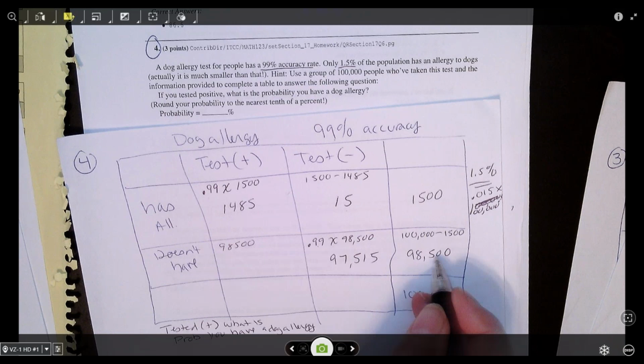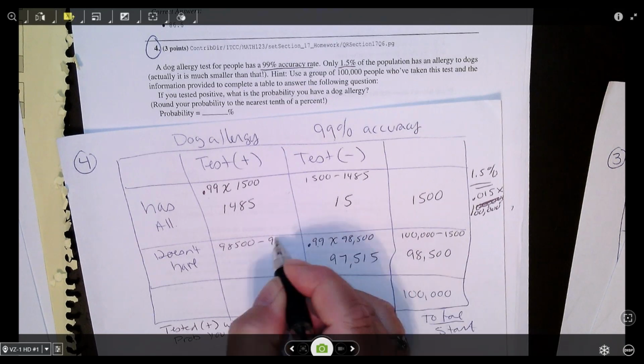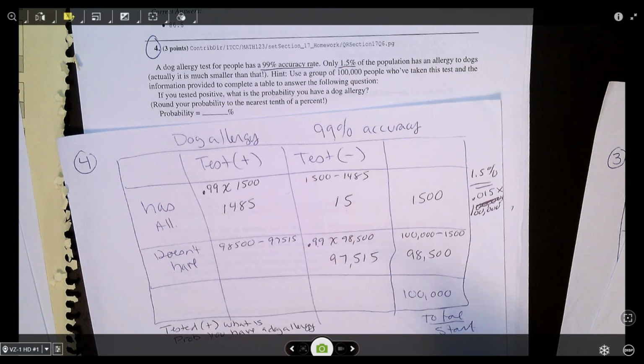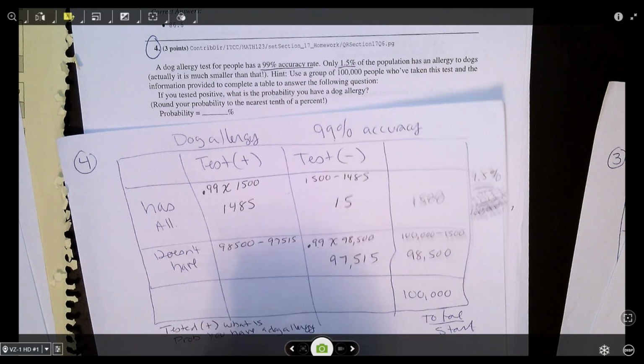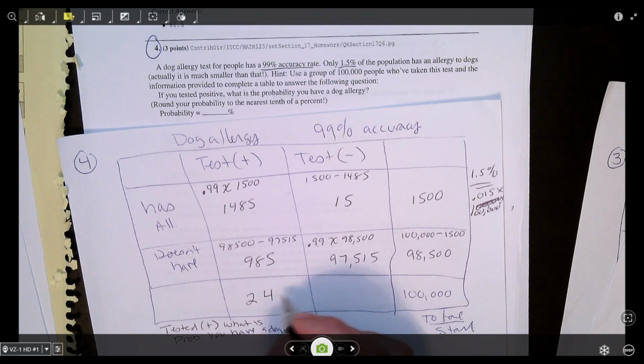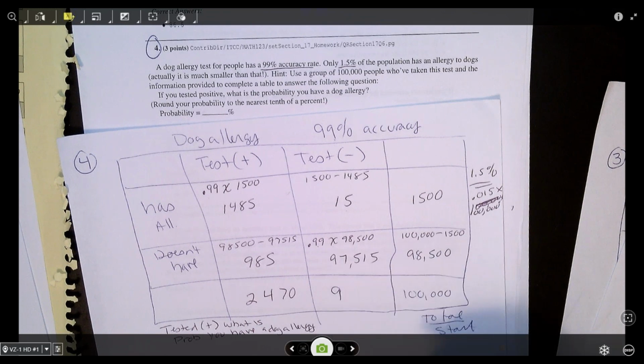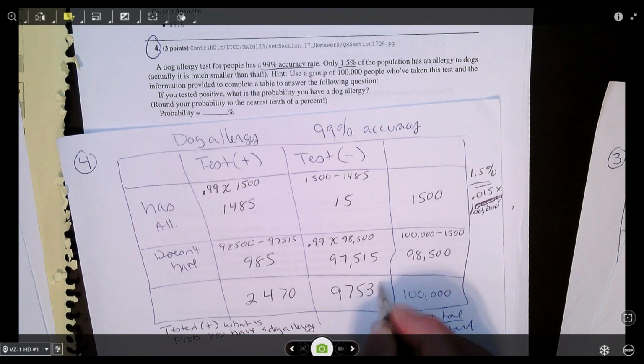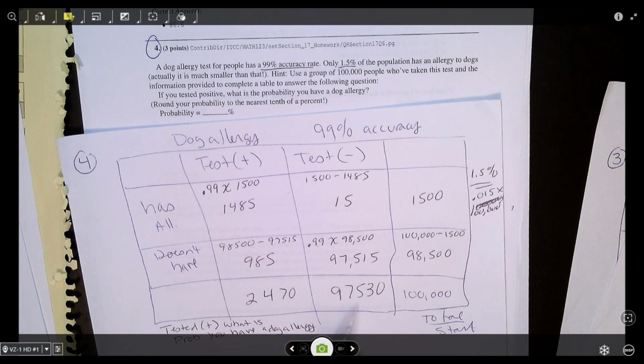Subtract the total minus what we just found. Okay, sum the columns to get our total. Total that tests positive, 2,470. Total that tests negative. And then before you go on, add these and make sure they add up to 100,000.